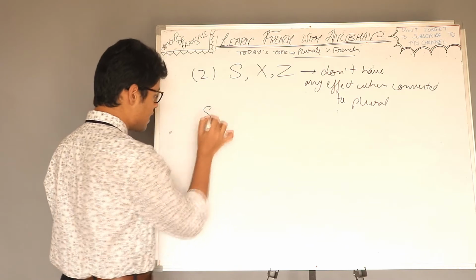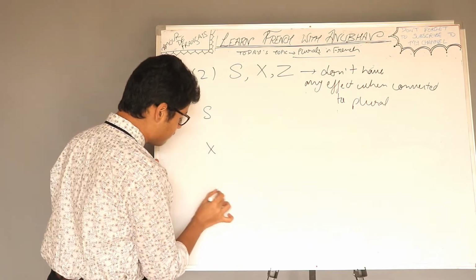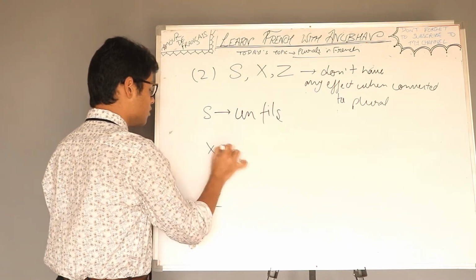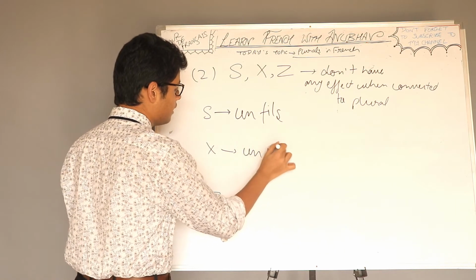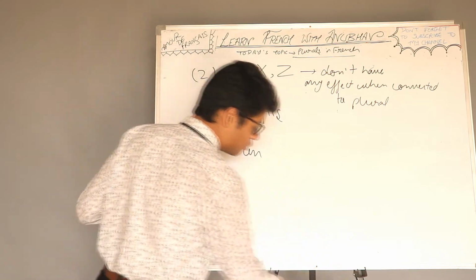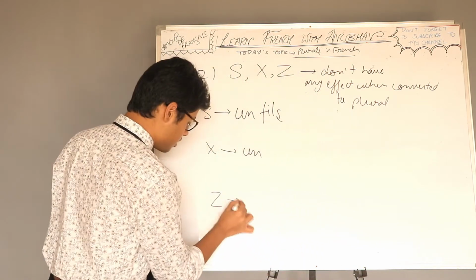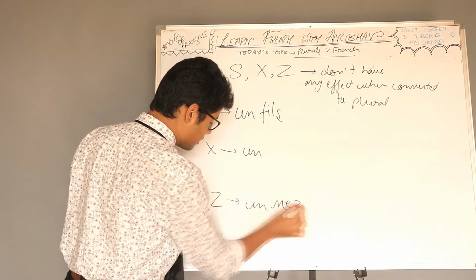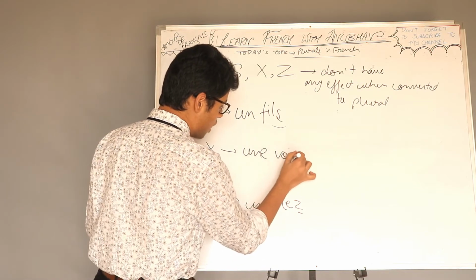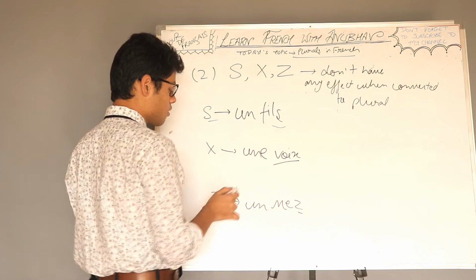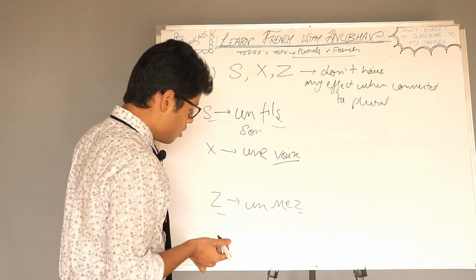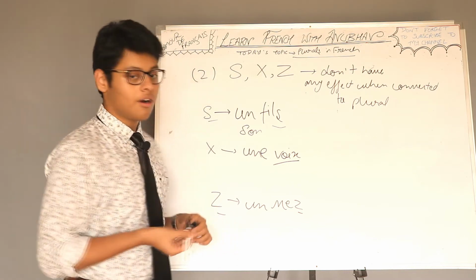Let's take one with S, one with X, and one with Z. So for S, we have a fils. For X, une voix. Here the nez, with Z. A fils is a son, and nez is nose, we have already discussed.